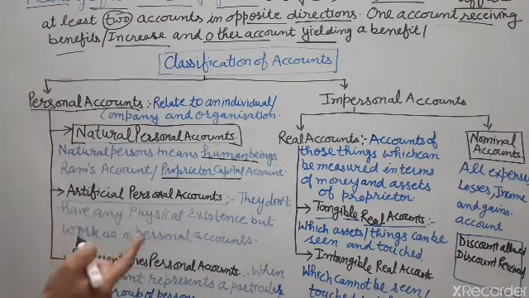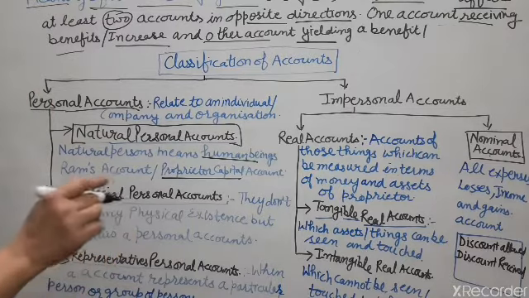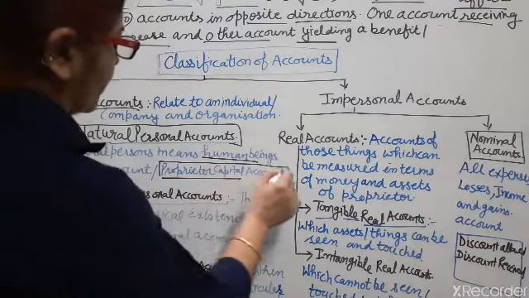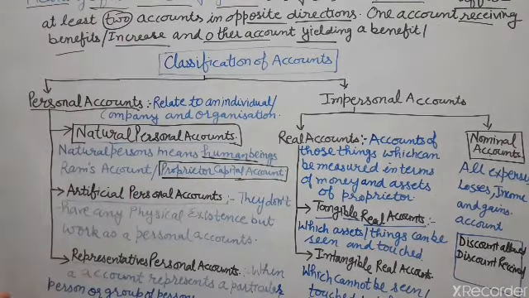If Ram starts a business with capital in the organization, then proprietor Ram's capital account is a natural personal account. Similarly, proprietor drawings account is also a natural personal account.